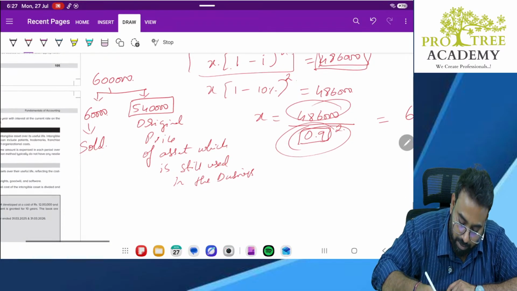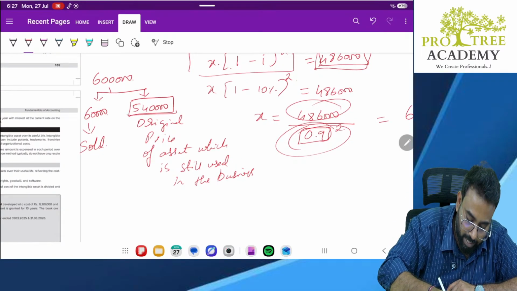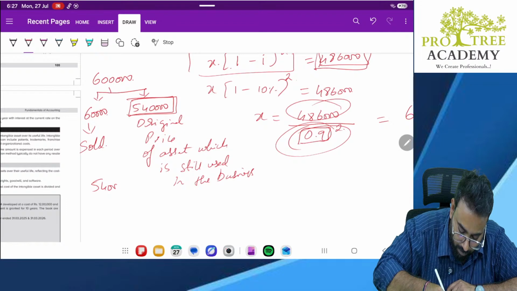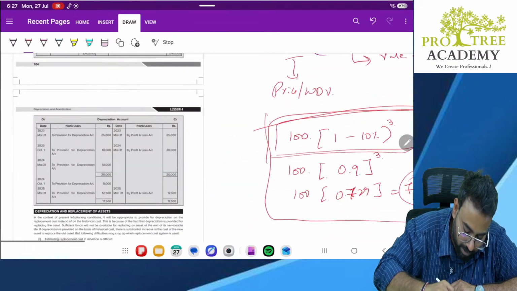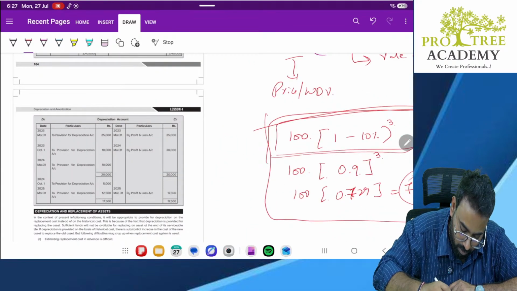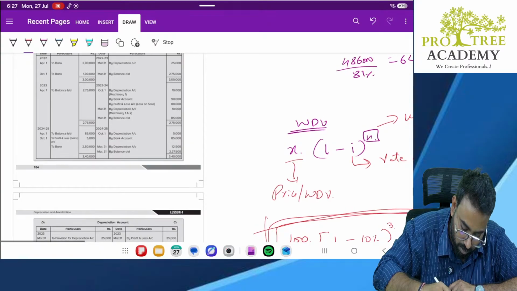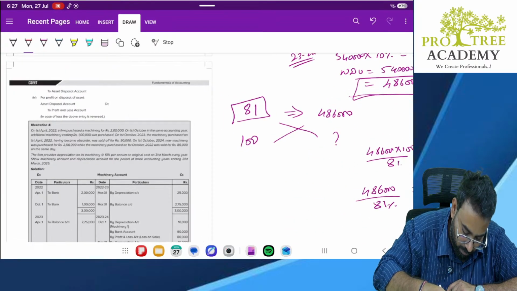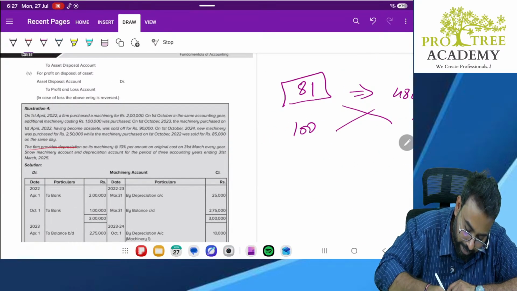Now, how do you calculate depreciation? Simple. Take 5,40,000 into, what is the rate of depreciation they have asked us to charge? The firm provides depreciation on its machinery at 10% on original cost on 31st March every year. Show machinery account and depreciation account.